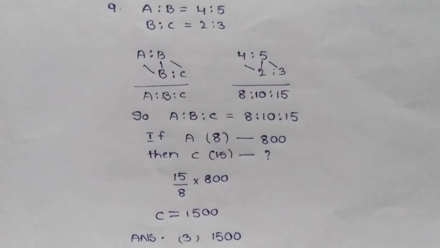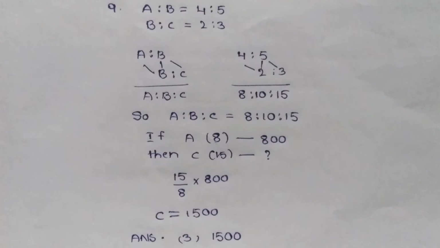In that way you have to write the ratio. See here I have written 4 is to 5, and below that 5 I have taken 2 is to 3. So I have written the ratio of B below B.